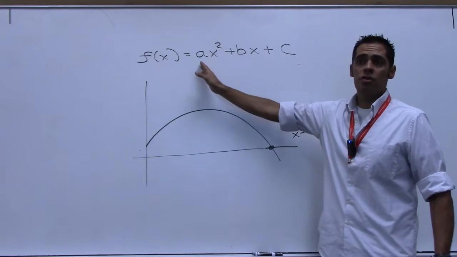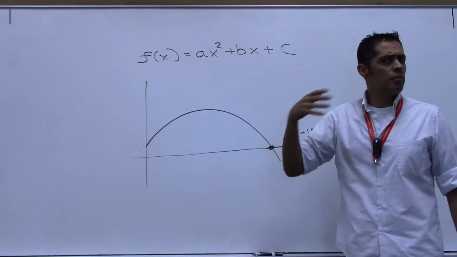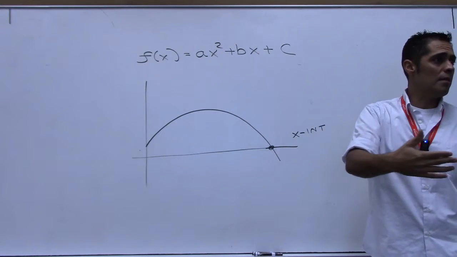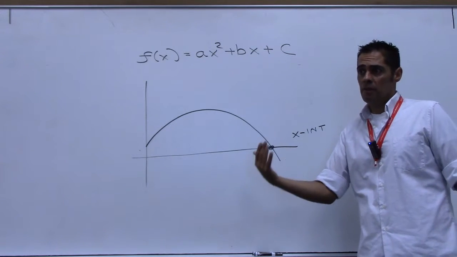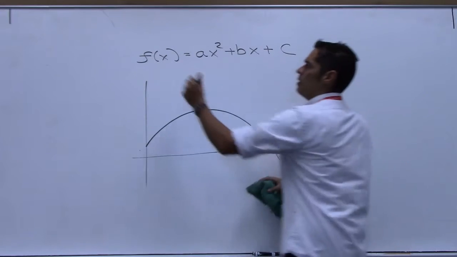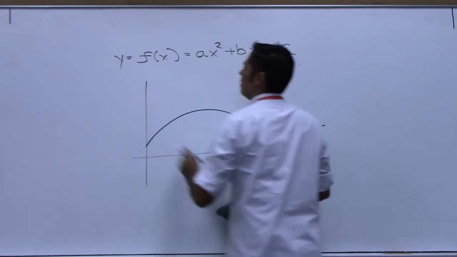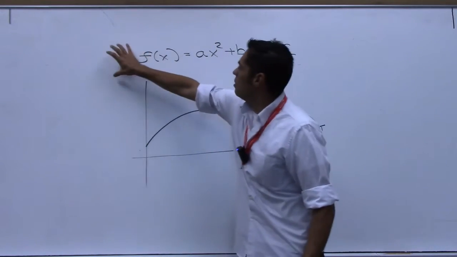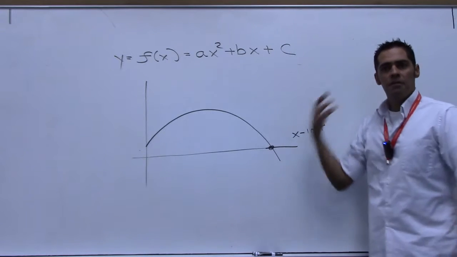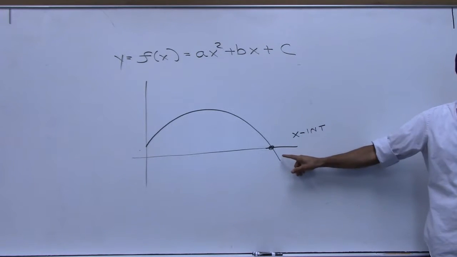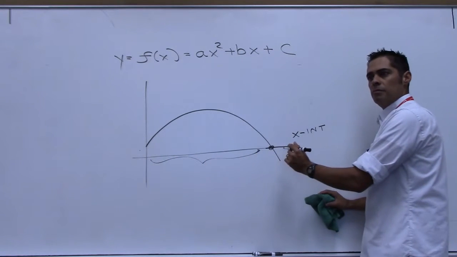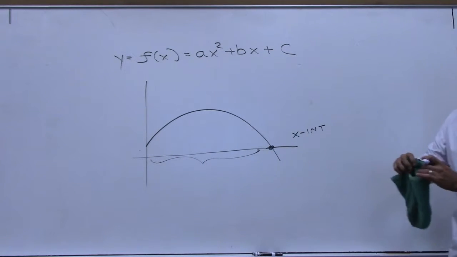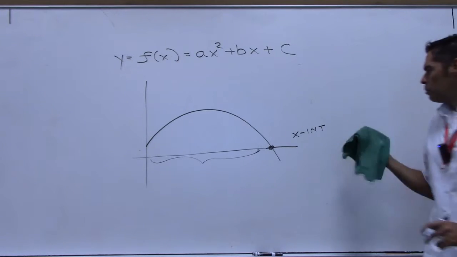We take the function and set it equal to 0, or we replace y with 0. Do you remember doing that with lines? To find the x-intercept, you set y equal to 0, solve for x. So if we call this function y, then if I just set this to 0, figure out where that is, I can tell you where it's going to hit, can't I? I can actually tell you the distance right here. So it's kind of useful to know a little bit about parabolas.